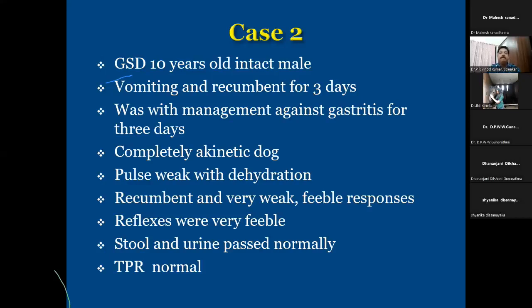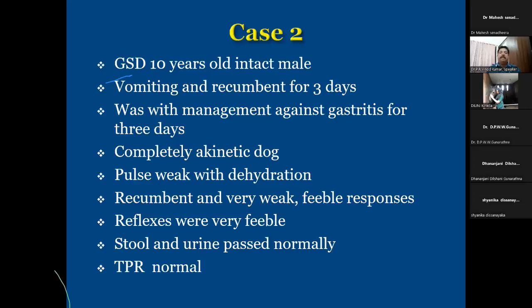But it should be about 10 kilograms. If it is below 10 kilograms, it should be about 12 years to say it is geriatric. Got it?